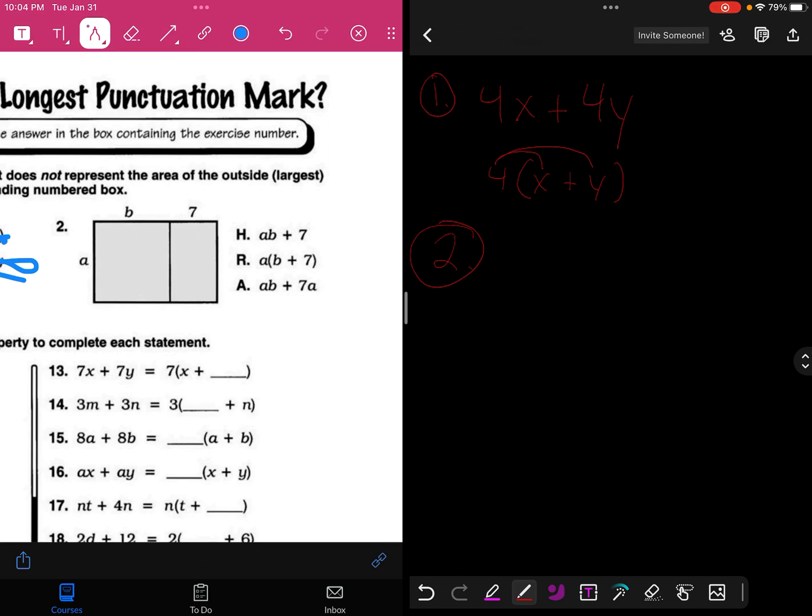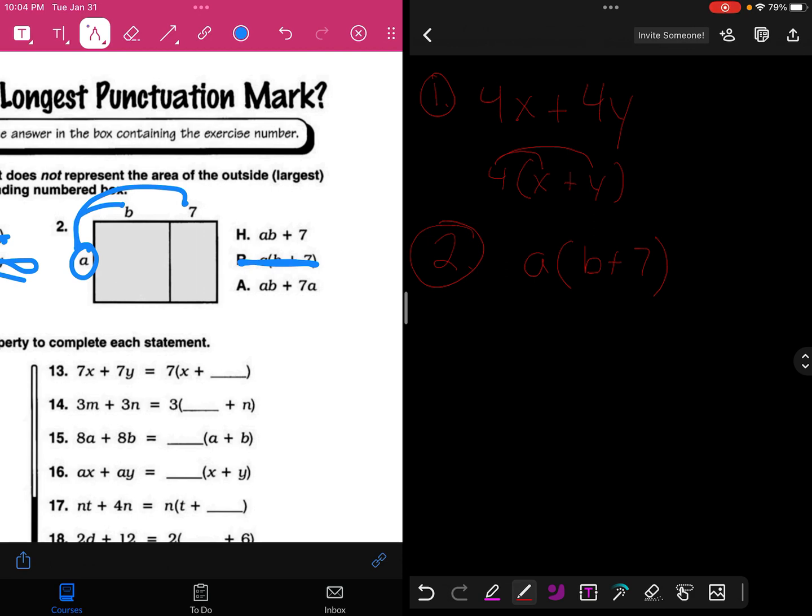Number 2, we've got A on the outside, and then we have B, and we have 7. So we have A going to the B, and then A going to the 7. So A's on the outside, and then we have B plus 7. So that one matches R, so can't use that.